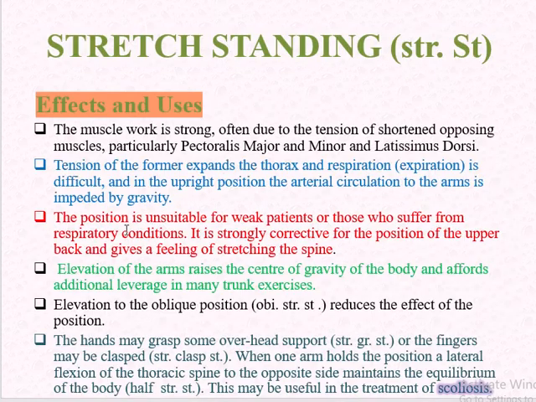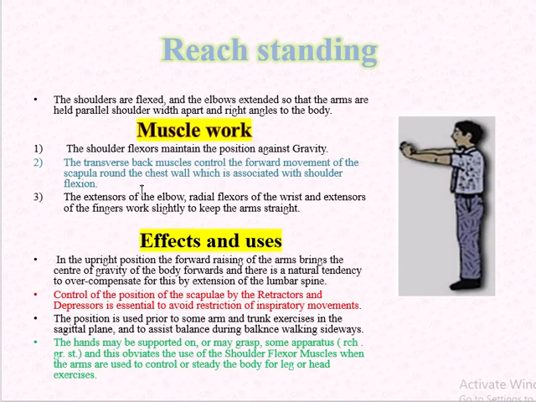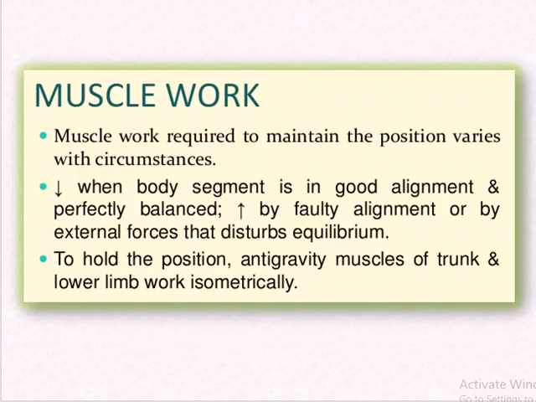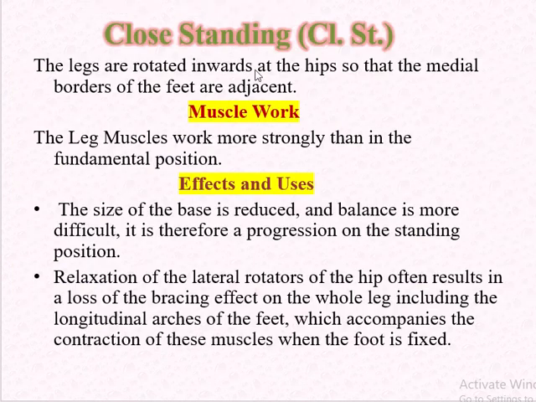Close standing. Legs are rotated inwards at the hips so that the medial borders of the feet are adjacent. Leg muscles work more strongly than in the fundamental standing position.